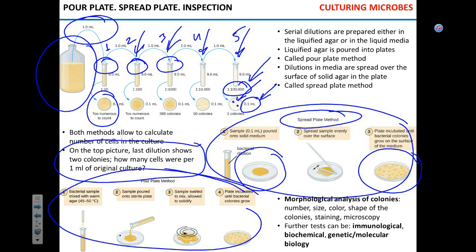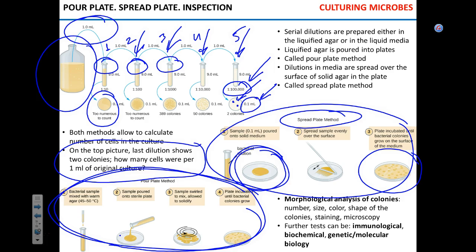The pour plate method works in a similar way. The only difference is that you add your sample not on the surface of the medium, but inside of the liquefied agar. You heat up the agar, it's liquid, you let it cool down just enough so it doesn't kill the bacteria.